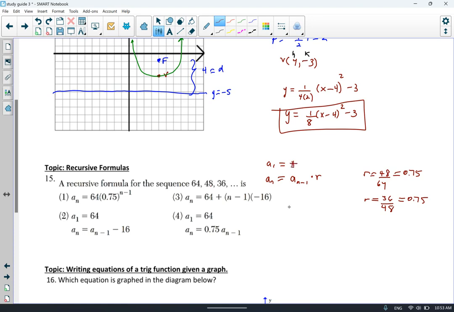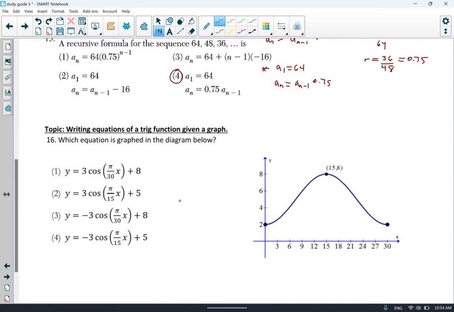So in this case, I'm going to say a sub 1 is 64, and a sub n is equal to a sub n minus 1 times 0.75. And you can see that since multiplication is commutative, they just put the 0.75 first. If this was a free response question, either answer would be acceptable. But again, make sure that if it's a free response question, that you list out what that first term is.